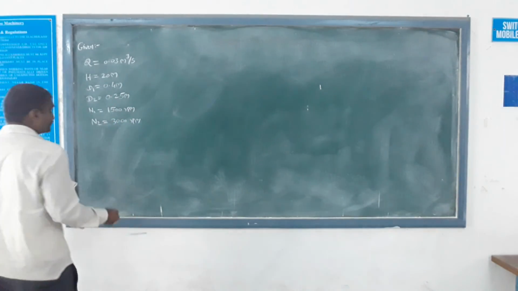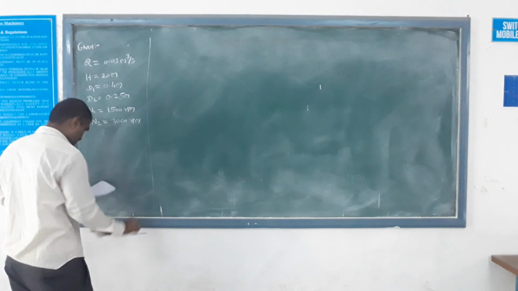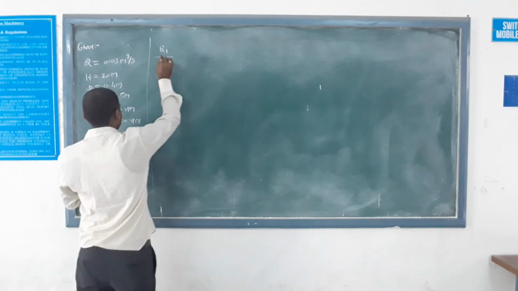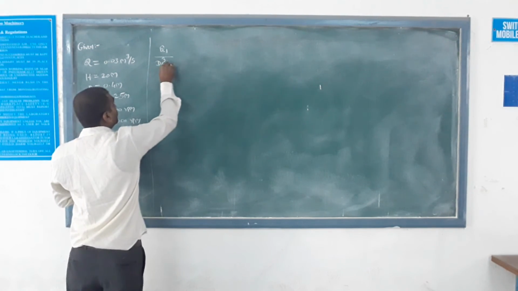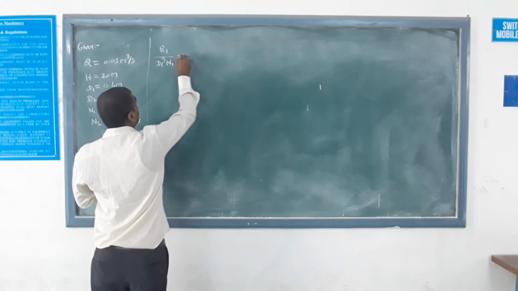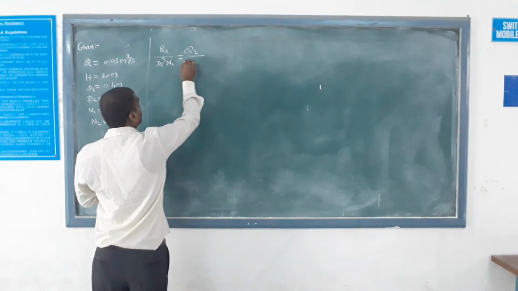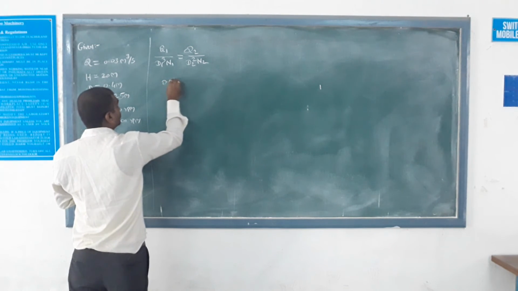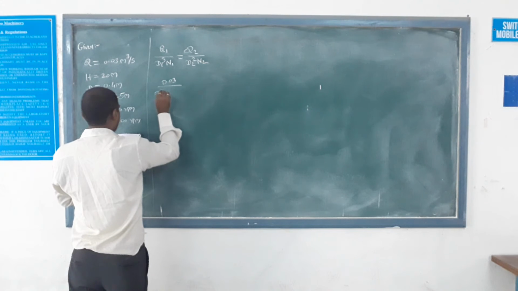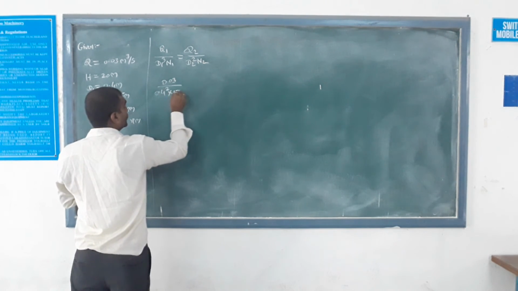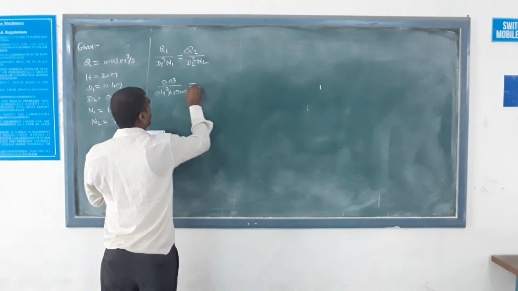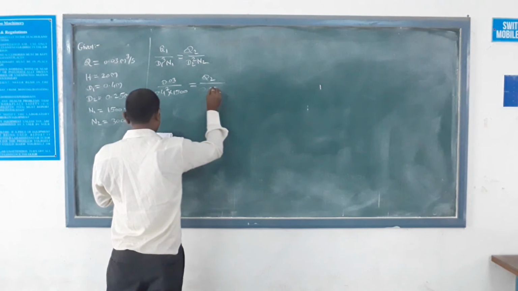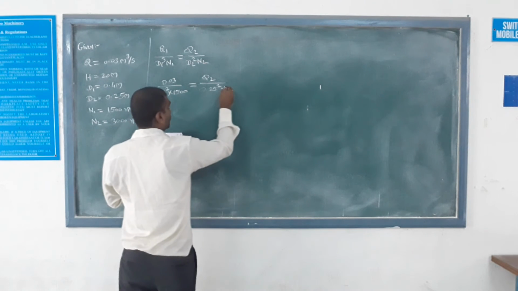From similarity properties of the pump, Q1 upon D1 cube N1 equal to Q2 upon D2 cube N2. So 0.03 upon 0.4 cube into 1500 equal to Q2 upon 0.25 cube into 3000.